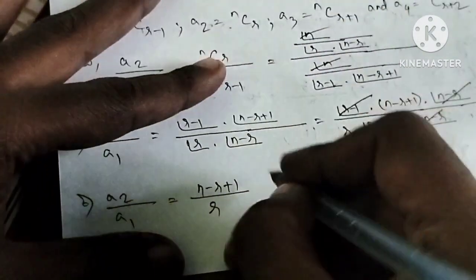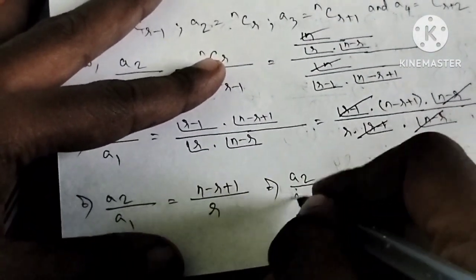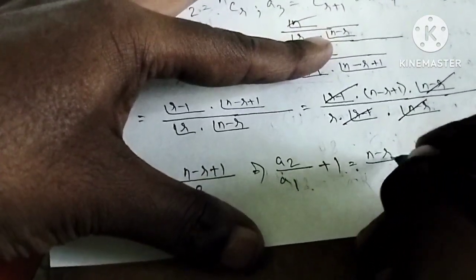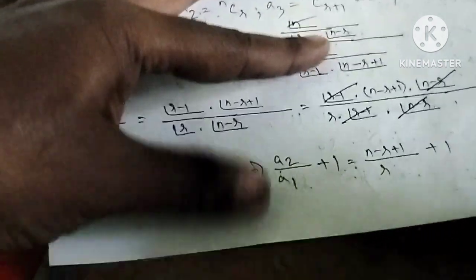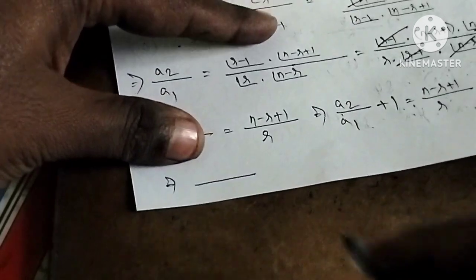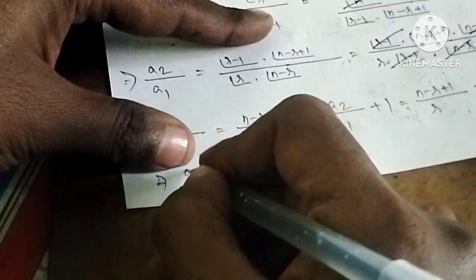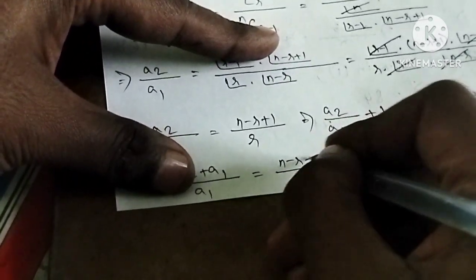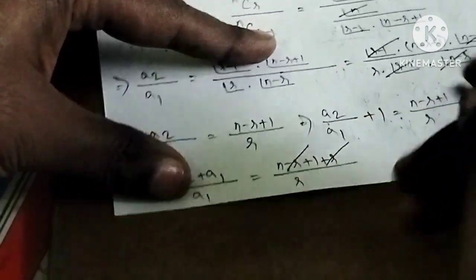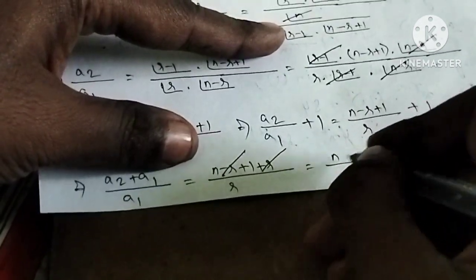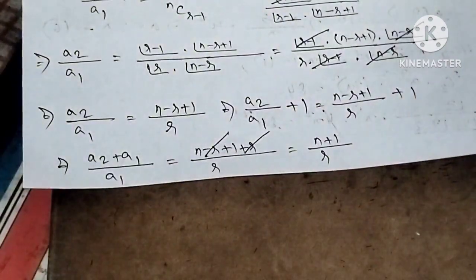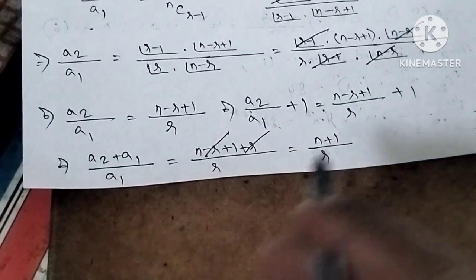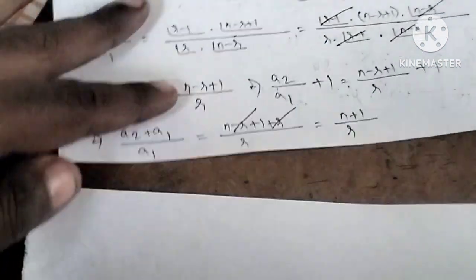So now if we add 1 on both sides, (a2 + a1)/a1 = (n-r+1+r)/r, the r cancels, so it will be (n+1)/r. Clear? So (a2 + a1)/a1 = (n+1)/r.